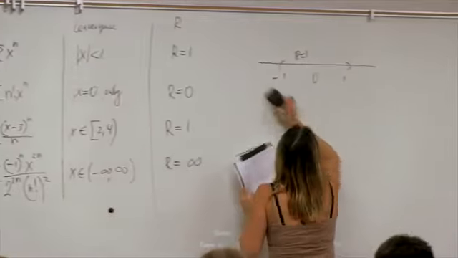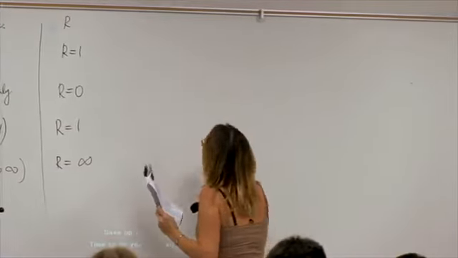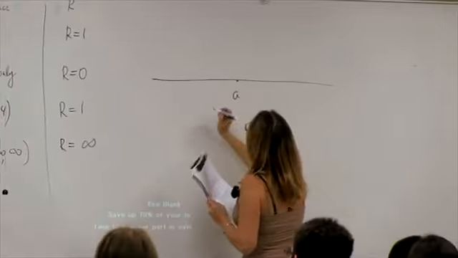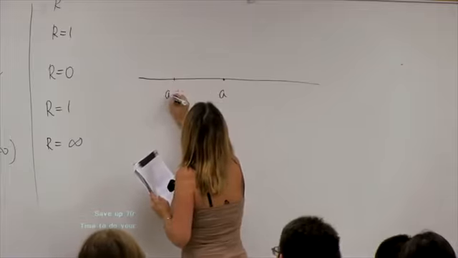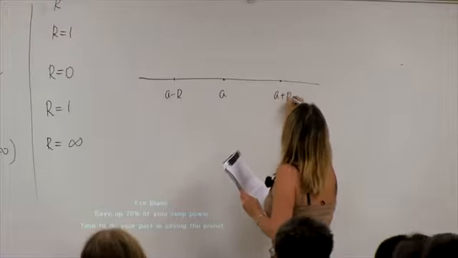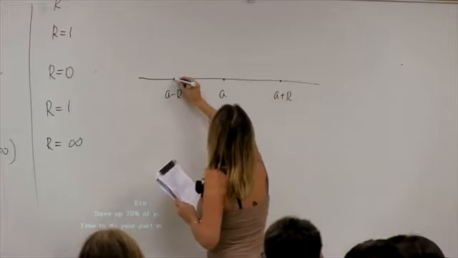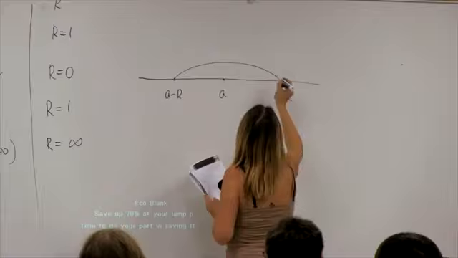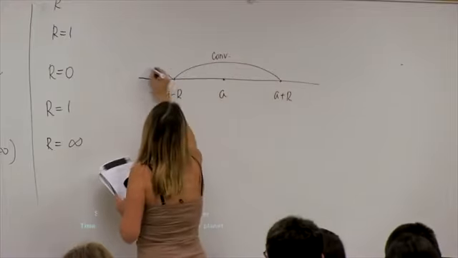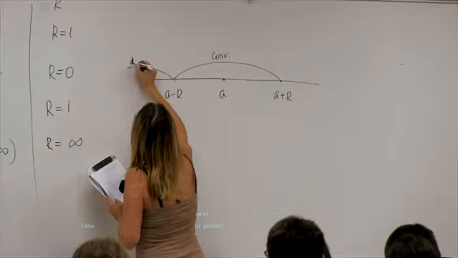Let me actually draw the general picture. For any power series, we're going to have a minus r here, and a plus r here. Everywhere inside here, we have convergence. Everywhere outside is divergence.